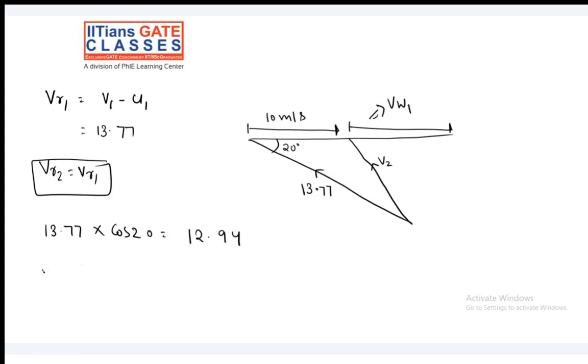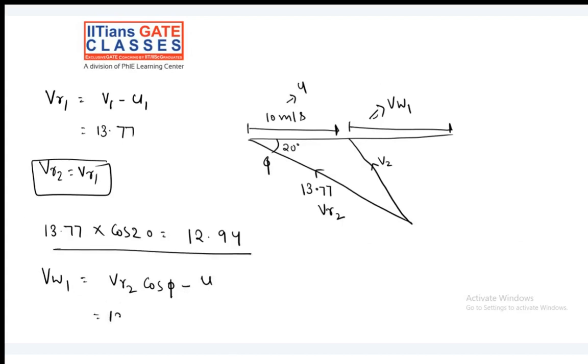So can I write down that VW1 is, in terms of notation, this is VR2, this is phi. So can I write down VR2 cos phi minus U? This is U. So VR2 cos phi is 12.94 and U value just now we have seen is 10.